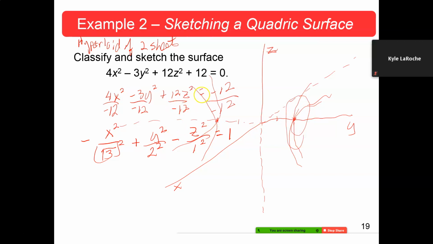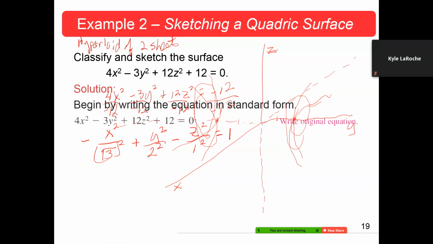And that really is ugly here. But these would be ellipses as you get bigger and bigger and bigger. Now, those are really awful looking, but that basically is how you do your sketching. Do your traces in every dimension, and go from there. So let's see if they can do a little bit better job than I do in the drawing.